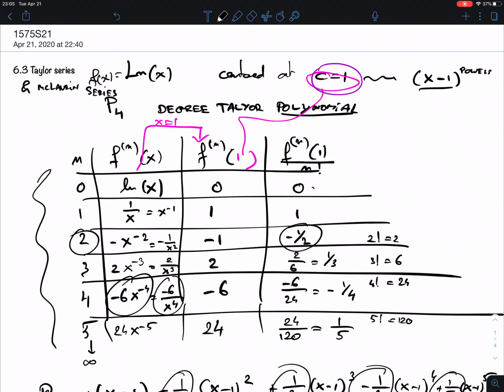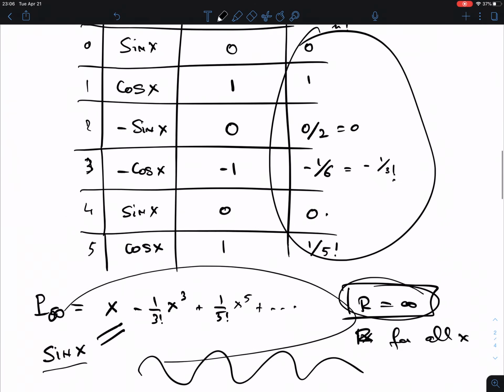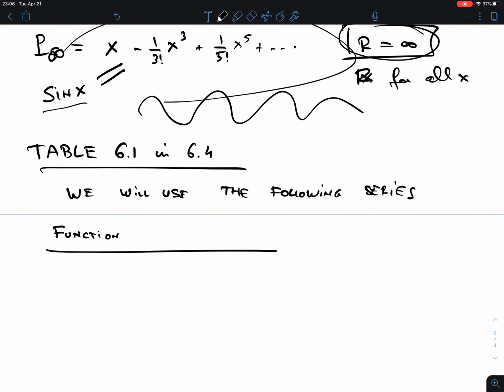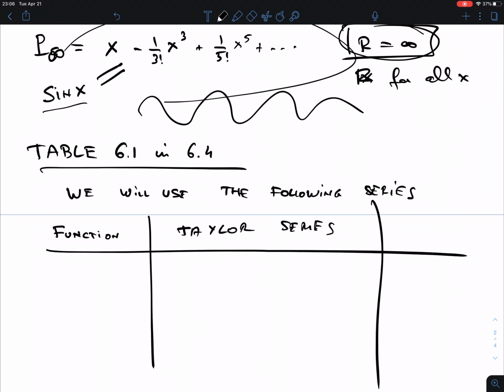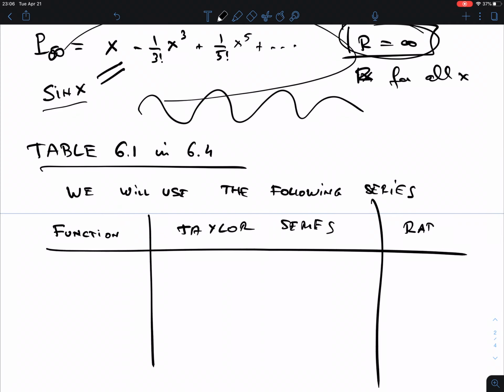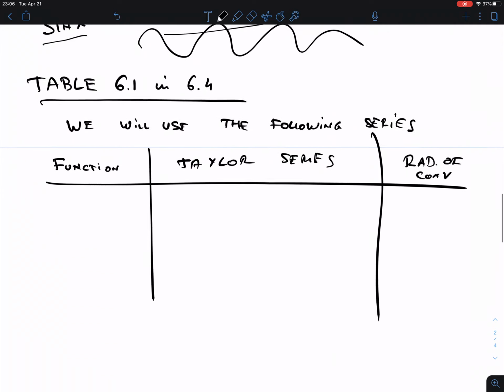In general, we call it Taylor series, but Maclaurin series means that the center is 0. Honestly, in higher level courses everybody calls it just Taylor series, no matter whether the center is 0 or not. So be aware that the book uses these two terms, but I'm going to ignore that. Here I'm going to write the Taylor series, and then finally, the radius of convergence. In the book, they give the interval of convergence. Again, I'm not going to be interested in that.